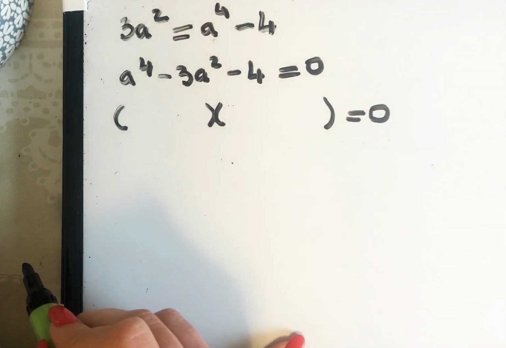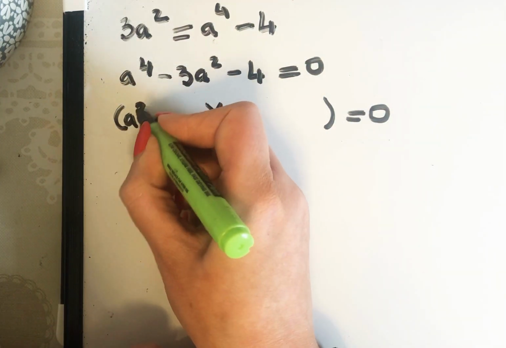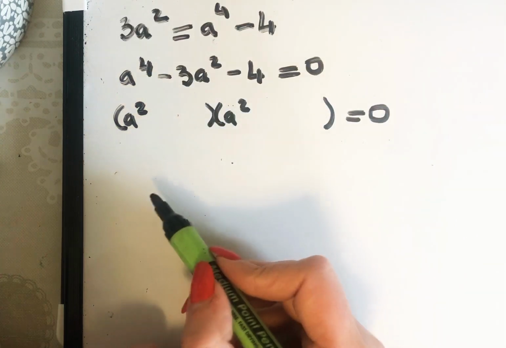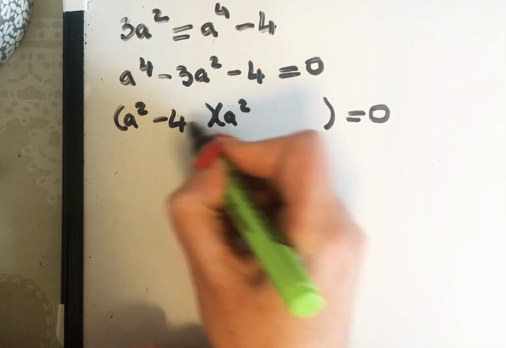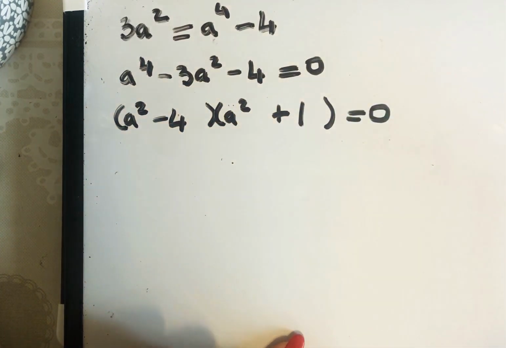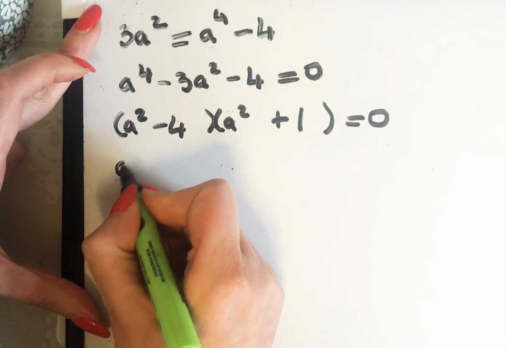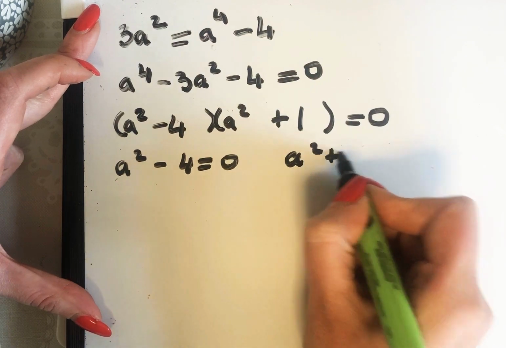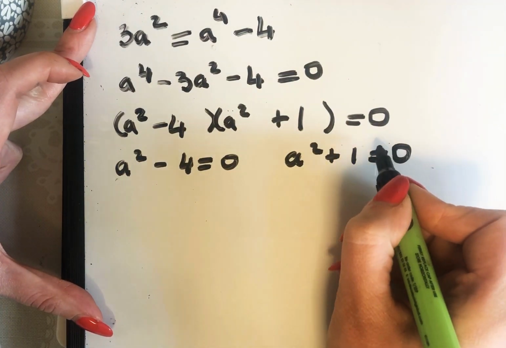Well, a to the power 4 can be done by a squared by a squared. And we need two numbers that multiply to give negative 4 and add to give negative 3. Well, negative 4 plus 1. Now we'll equal both of our brackets to 0 and solve to get a value for a.